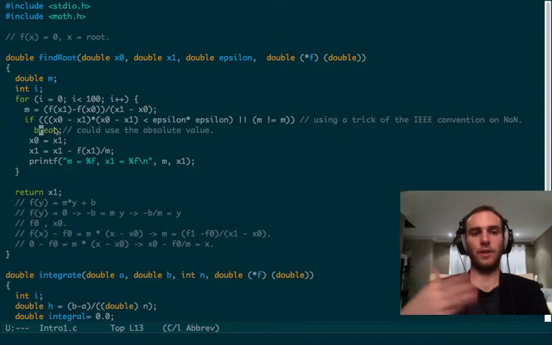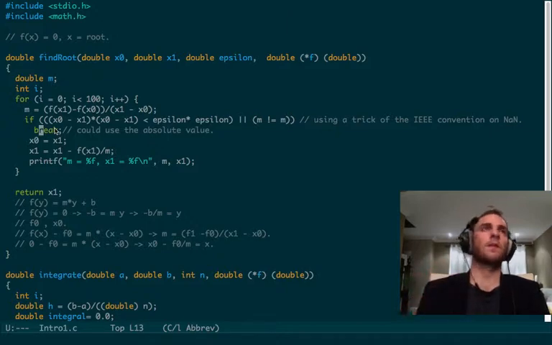So if you have an iterative method, then if you reduce the number of iterations, you might reduce the number of times you have to call f.